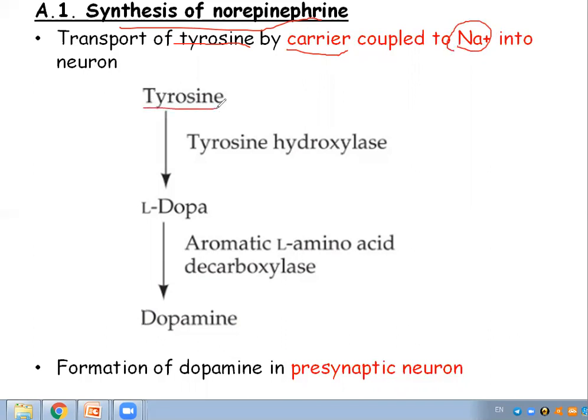Once the tyrosine enters inside the neuron, it will be hydroxylated, which is the rate-limiting step. This is an important step, the hydroxylation of tyrosine into L-DOPA by tyrosine hydroxylase. After that, the L-DOPA will be decarboxylated by another enzyme called aromatic amino acid decarboxylase into dopamine. And then the dopamine will be formed in the presynaptic neuron.